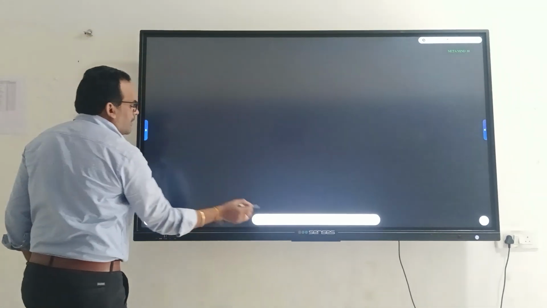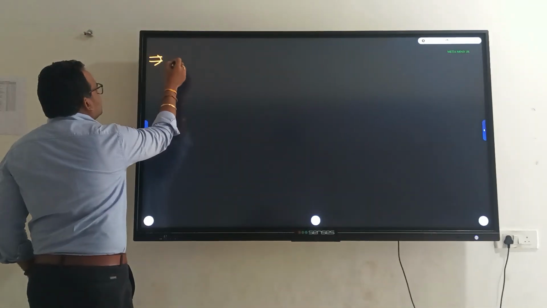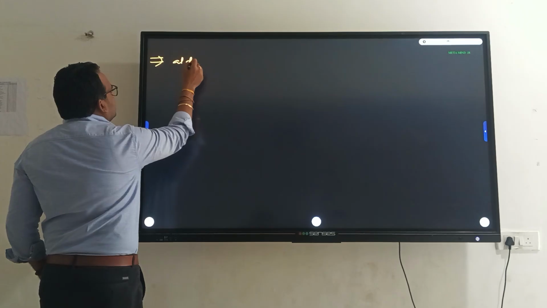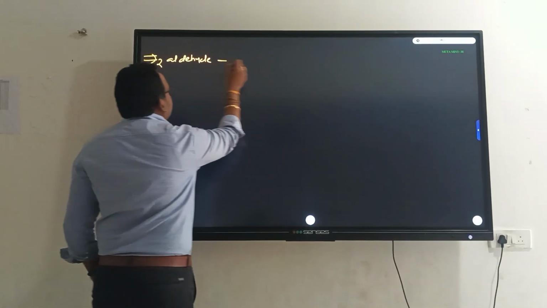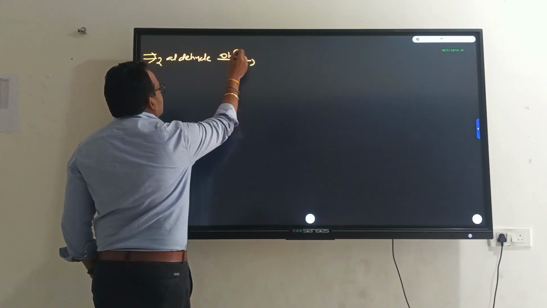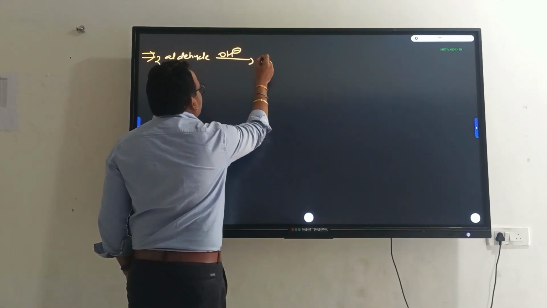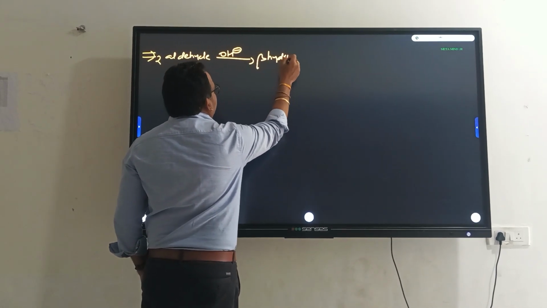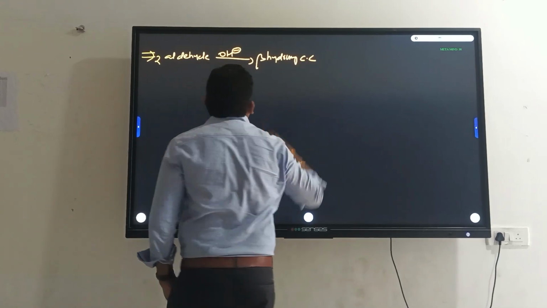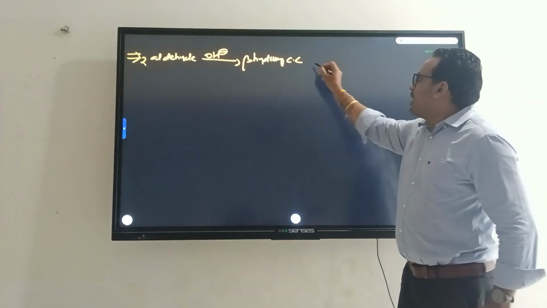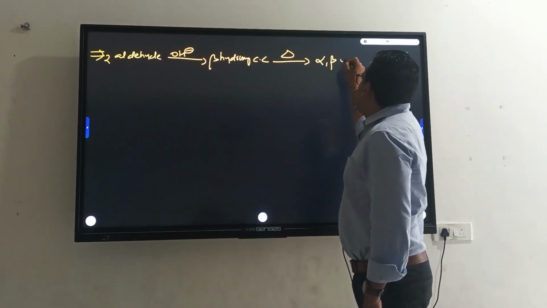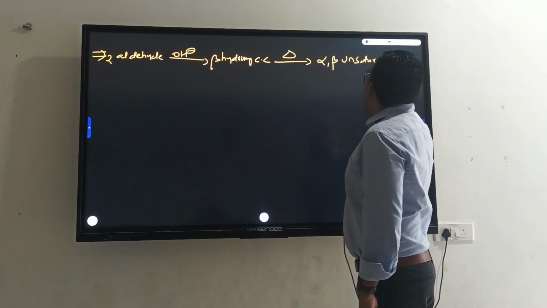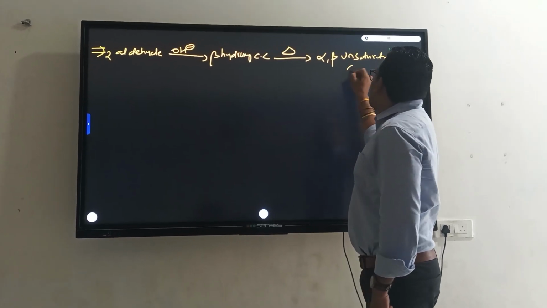Two moles of aldehydes in presence of the base will give a beta hydroxy carbonyl compound. The beta hydroxy carbonyl compound on heating will give the alpha beta unsaturated carbonyl compound.